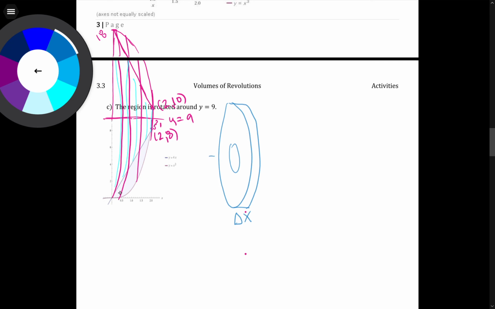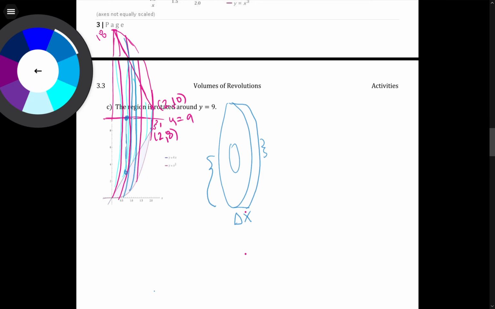So our outer radius, when we go back to our picture, remember you always start from the, oh, I guess I usually do my inner radius first. So here's my slice. You always start from the very center, the axis of revolution, and for the inner radius, you're going to drop down to the bottom curve.